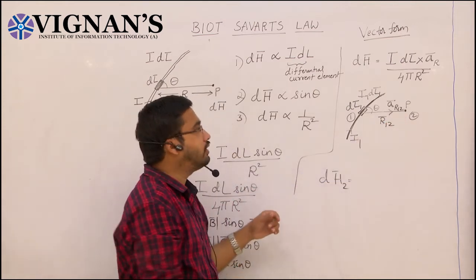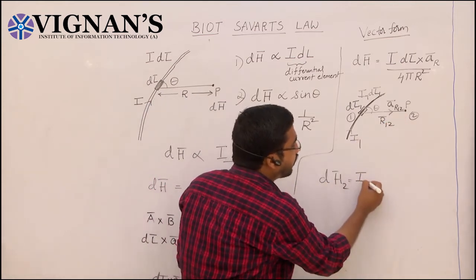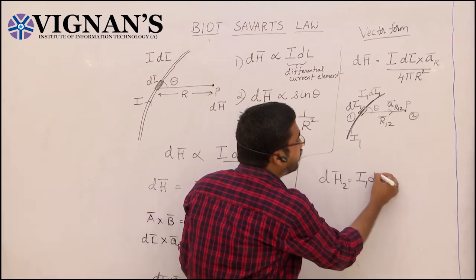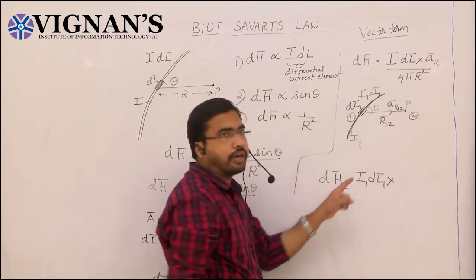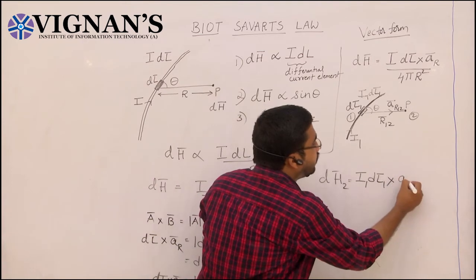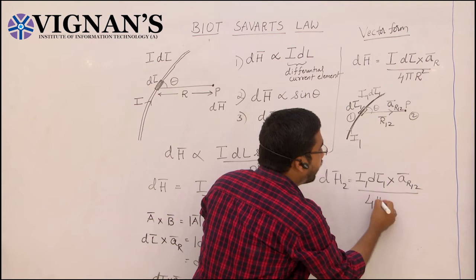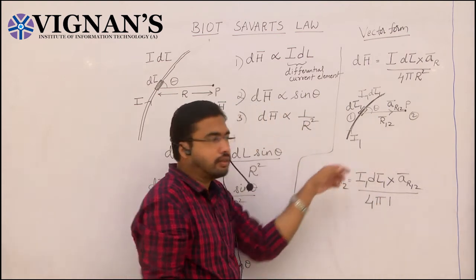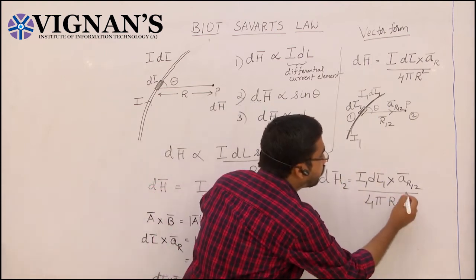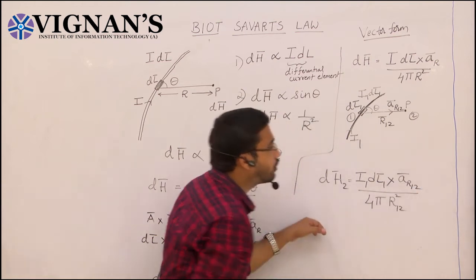So dH2 is equal to, what is the differential current element? I1 dl1 cross, what is the unit vector here? ar12 by 4 pi, what is the distance? r12 square, 4 pi r12 square.